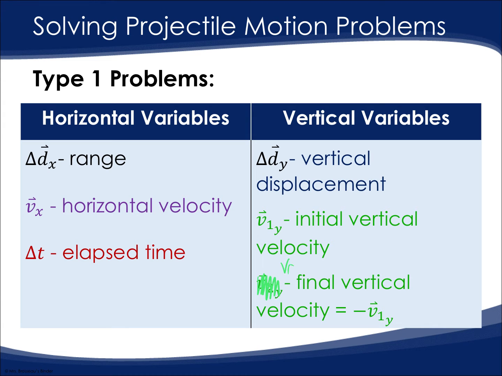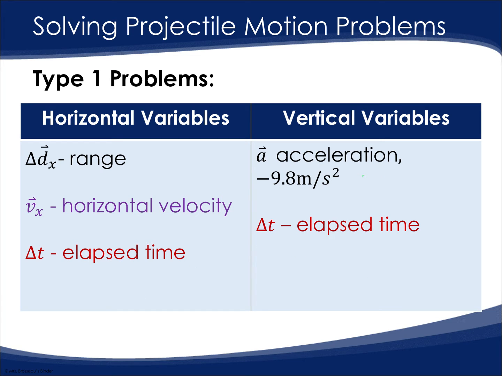So that's all for horizontal. We have these for vertical, as well as acceleration being negative 9.8, and t is still time. Remember, time is the same in both.